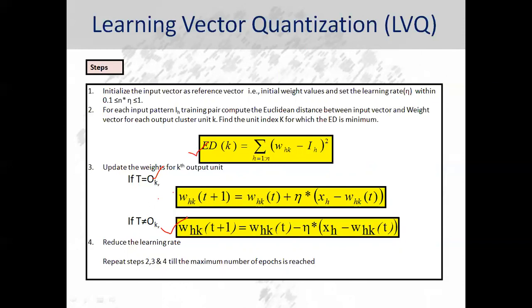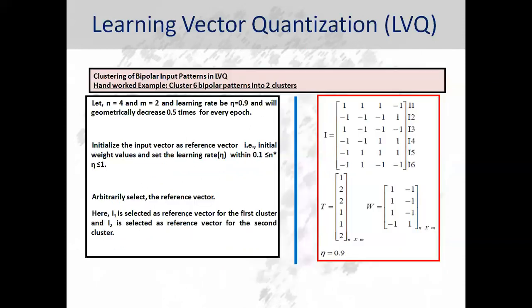These steps, finding the Euclidean distance, declaring the winner, comparing the winner class with the already given class of the input pattern, and then accordingly adjusting the weights, are repeated till convergence is reached. Let us go through a numerical example.